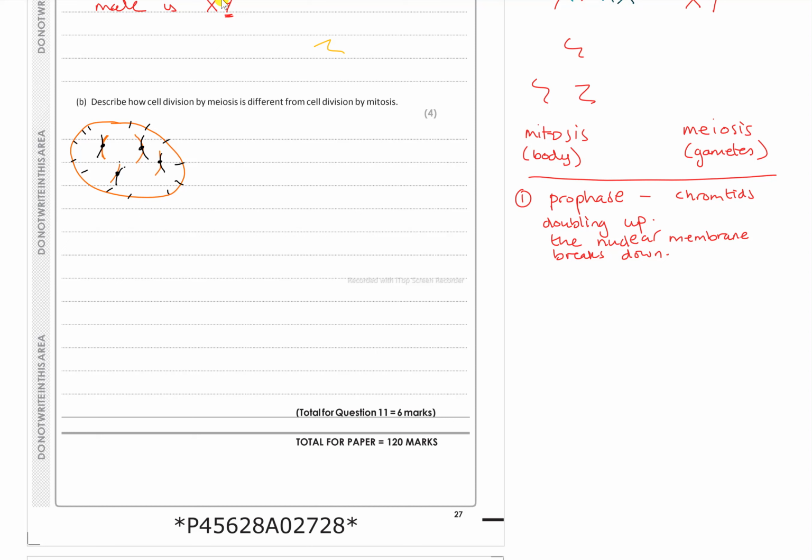Then you've got metaphase. So now that's your cell. Now you've got all these chromatids line up in the center.